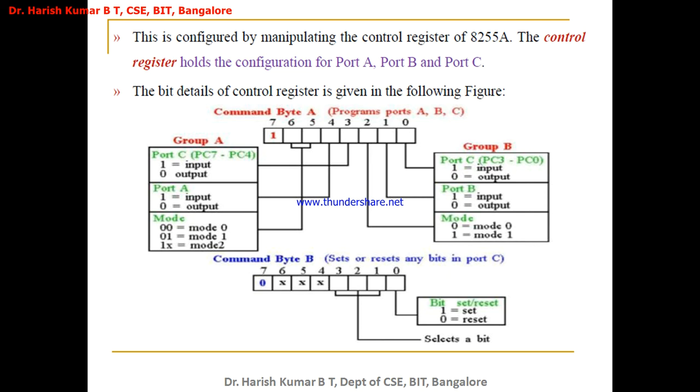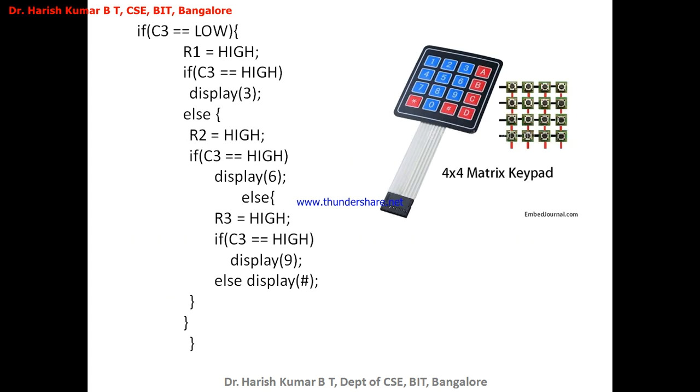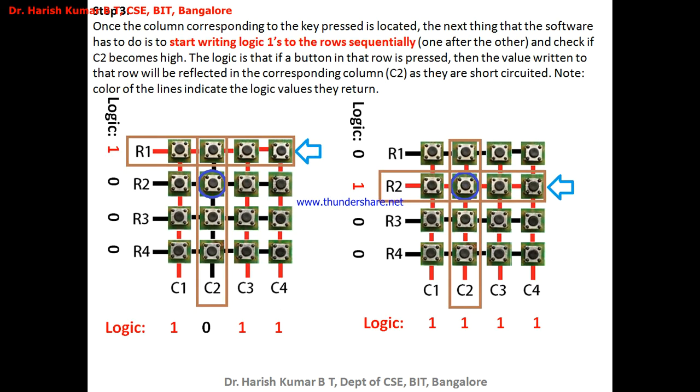The technique used here is the scanning technique. Initially we make all the columns 1 and the rows 0. Whenever I press any push button, the corresponding column will go 0.